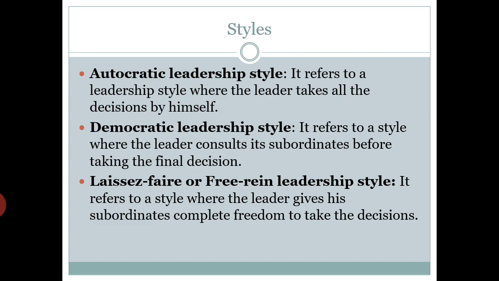It refers to a style where the leader consults the subordinates before taking the final decision. Whenever decisions related to your organization are finalized, they might be related to the subordinates or followers, or may not be.